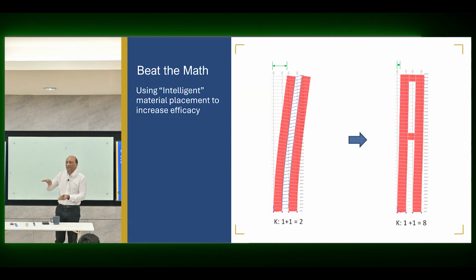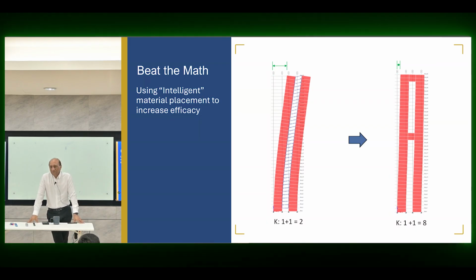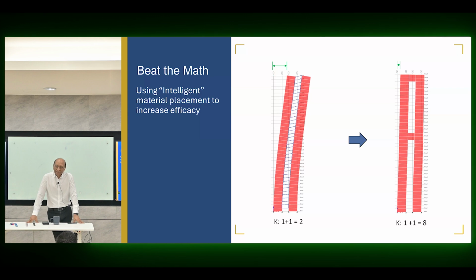I just put them strategically at these 2 locations. And what do I get? I get 1 plus 1 equal to 8. I get 4 times better stiffness, 4 times less displacement than in the first one. So my stiffness has increased by 4 times. So I have beaten the math. Now 1 plus 1 is no longer 2, it's now 8, right?